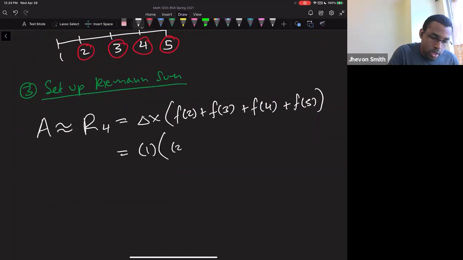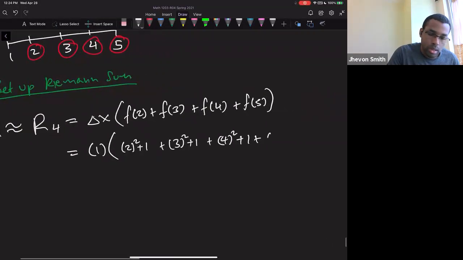This is going to be 2 squared plus 1 plus 3 squared plus 1 plus 4 squared plus 1 plus 5 squared plus 1. Okay. That's my f of 2, f of 3, f of 4, f of 5.